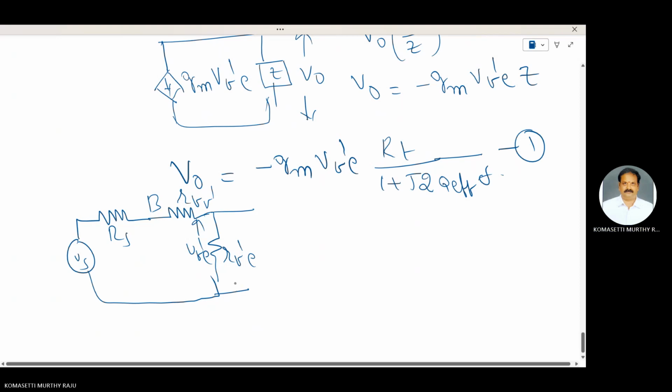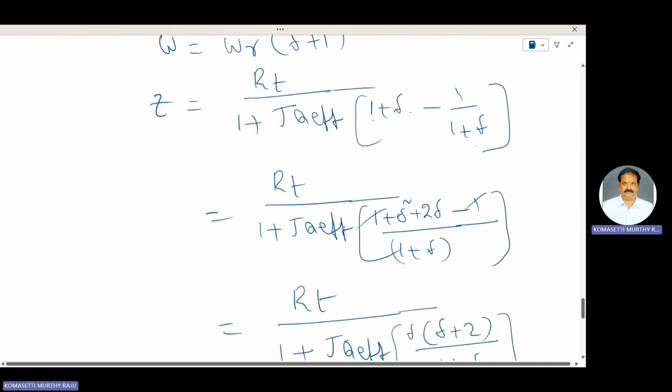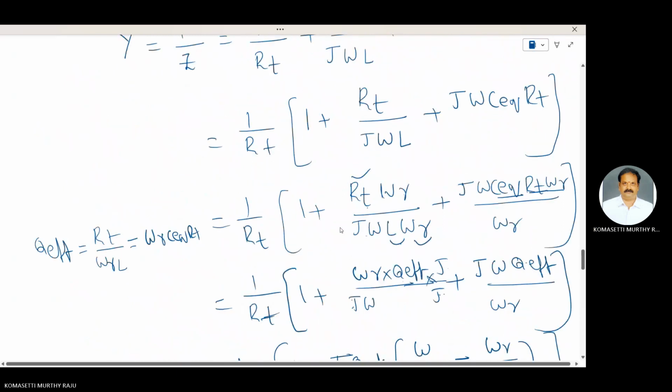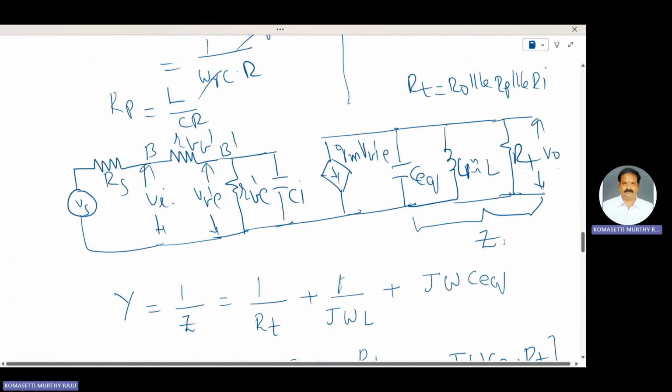At the input side, this one is Vi. The input side circuit here is, Ca is neglected.